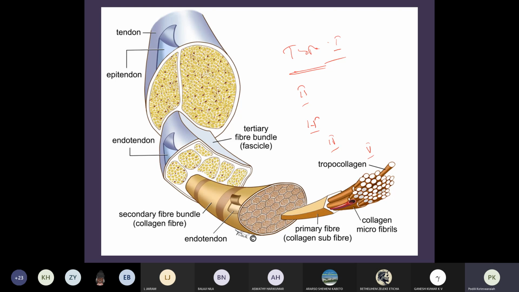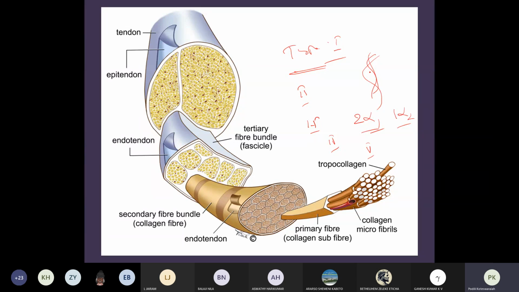Since collagen has 3 polypeptide chains, in all these collagen types, these 3 polypeptide chains are either made up of the same type of polypeptide chains, or they are different. In the case of type 1 collagen, 2 alpha 1 chains and 1 alpha 2 chain are present. That means 2 chains are identical and 1 chain is different.